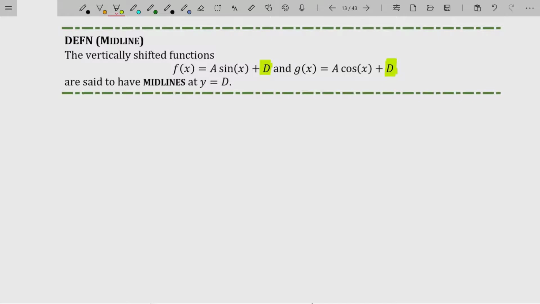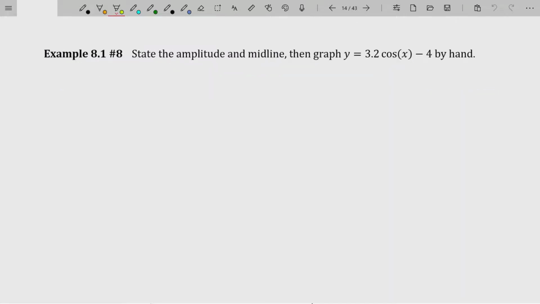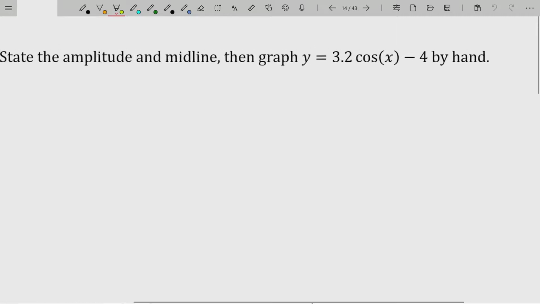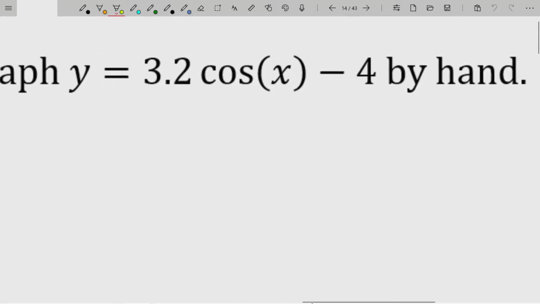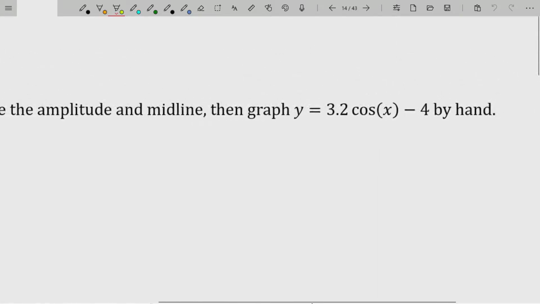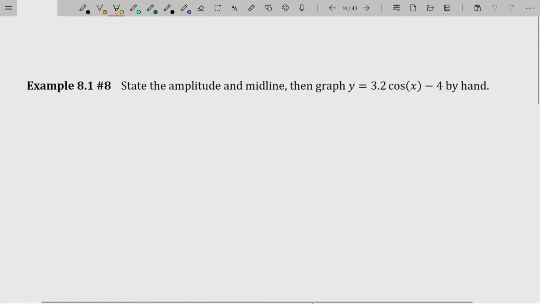So let's go ahead and take an example of this. State the amplitude and midline, then graph this function. And notice that the numbers I'm starting to play with here are getting a little bit uglier. Not terrible, but still a little bit uglier. The amplitude here, so amp, is equal to the absolute value of the 3.2, or in other words, just 3.2.